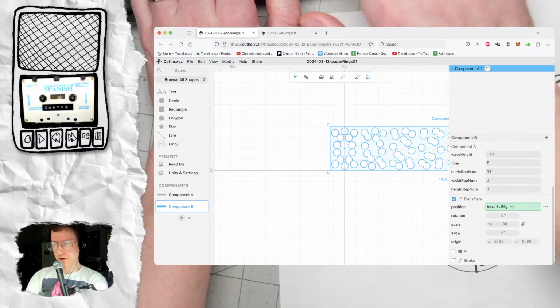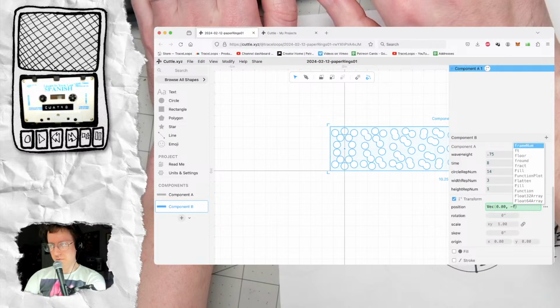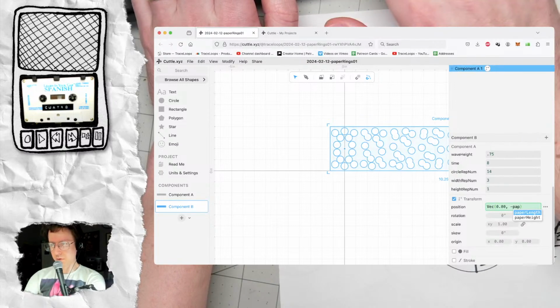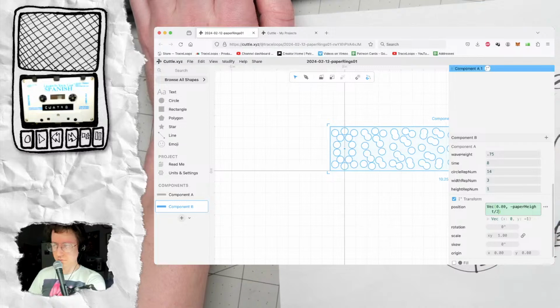Position is negative paper height divided by 2.